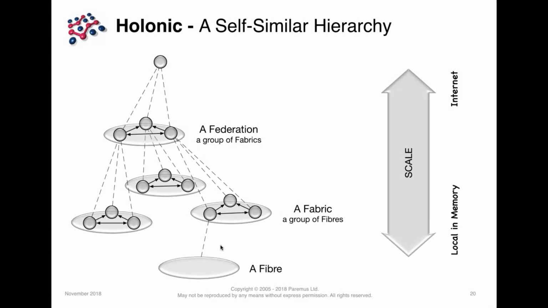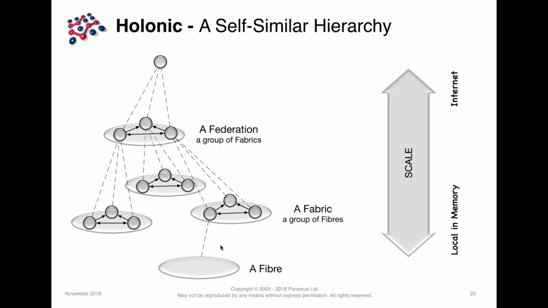So one of the things with the Service Fabric is that right from the start of the product development, we've always been thinking about how we create self-similar hierarchies, or something which is referred to in research as a Holonic architecture. And the idea is that no matter what scale you're at, the patterns and the behaviors tend to look the same.